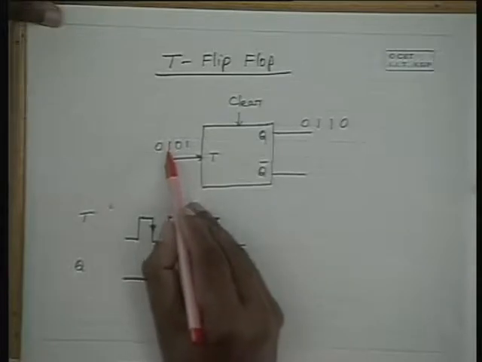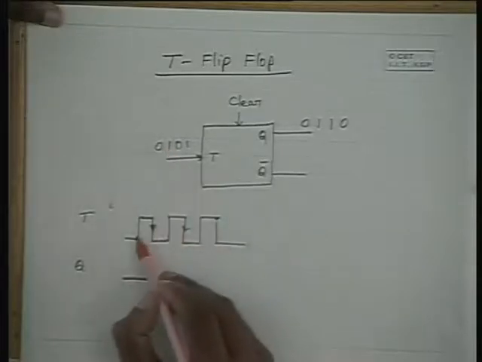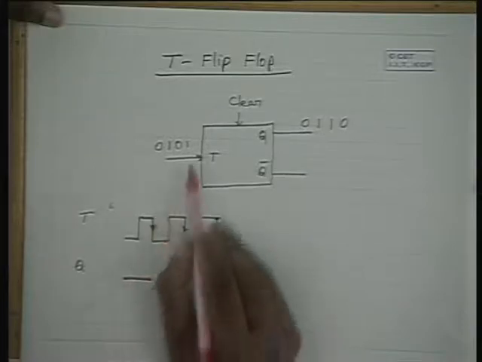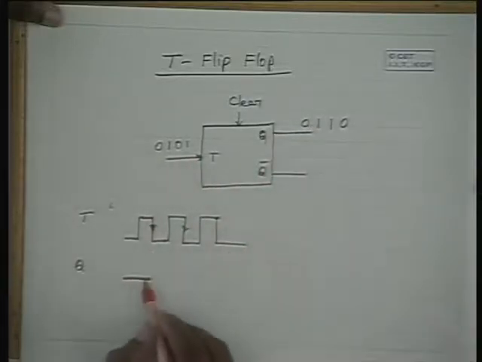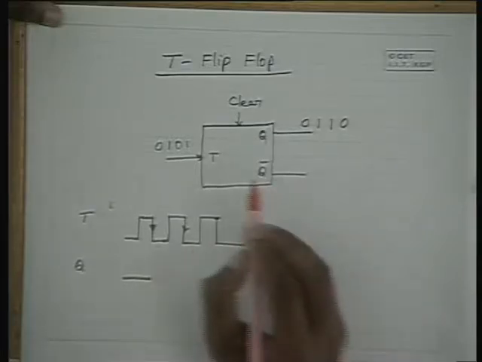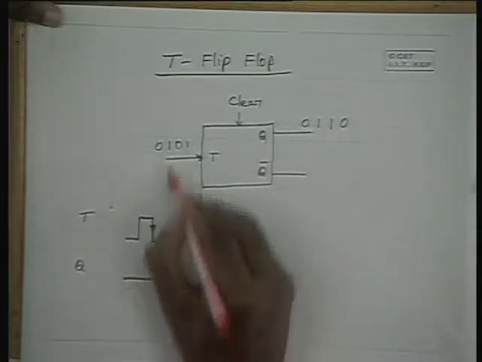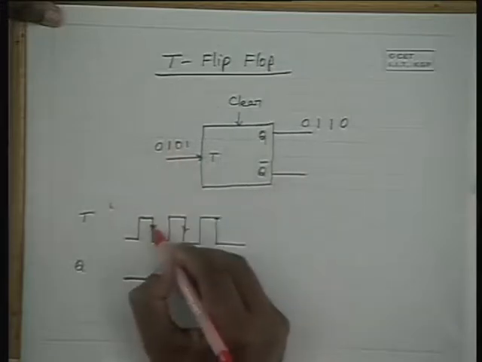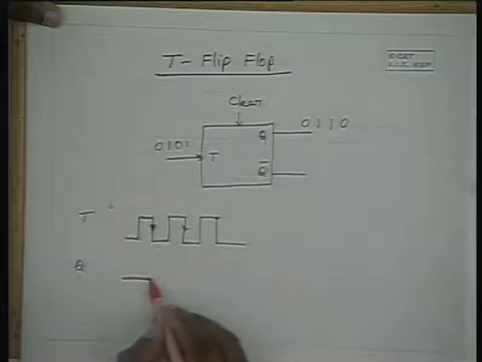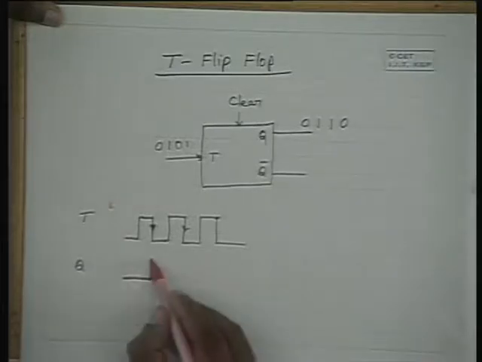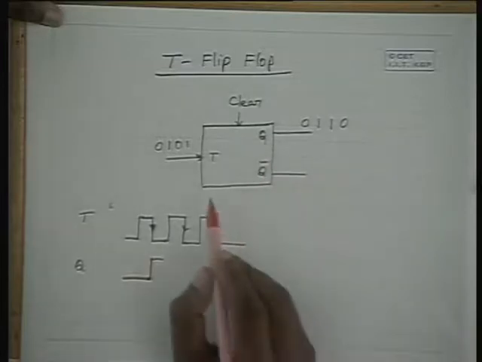And when the next pulse 1 occurs, still there is no negative transition, therefore the output will remain 0. Now, during this negative transition between 1 and 0 here, the flip-flop toggles to a 1 state, and it continues to be in that state.